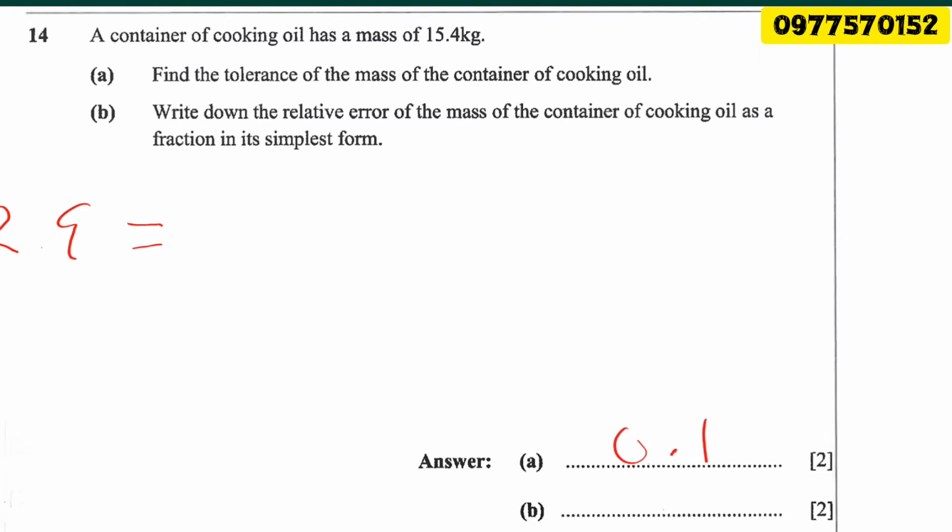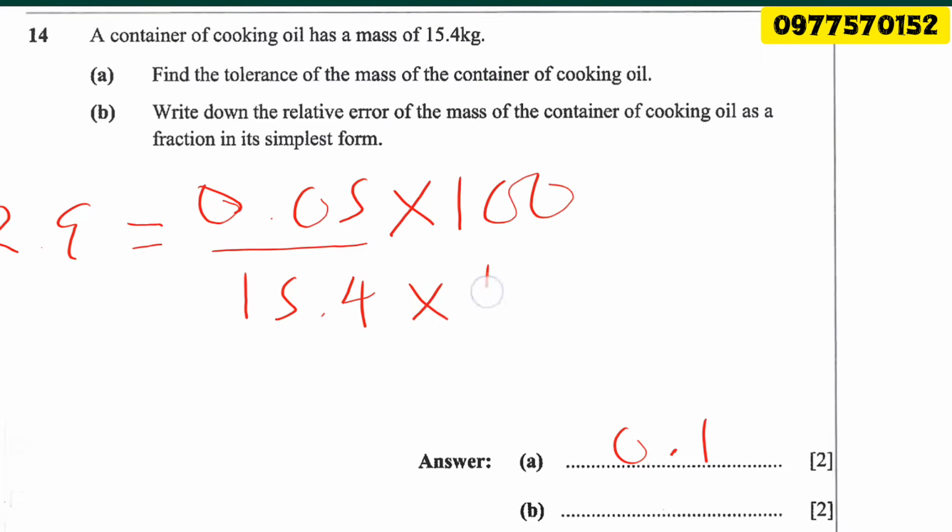Relative error is the absolute error, which is 0.05 over the true value, which is 15.4. Now check. Between these two numbers, which one has the higher number of decimals? Of course, the absolute error has 2 decimal places. So 2 decimal places implies that you can multiply by 100 on both sides.